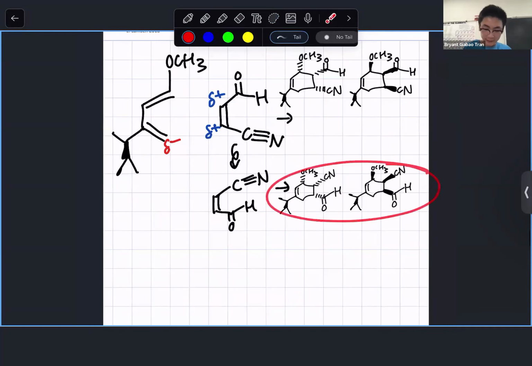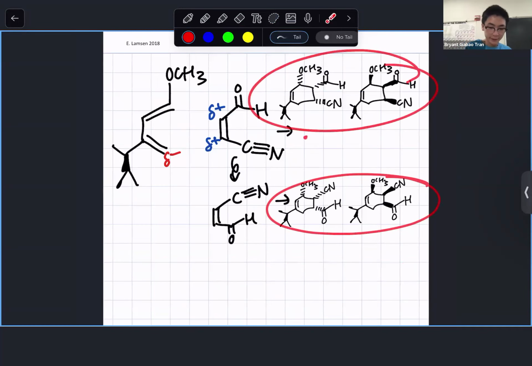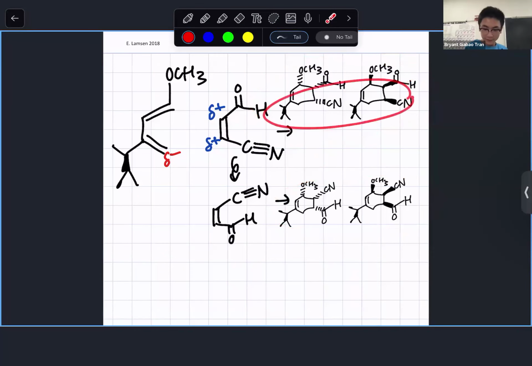So these are diastereomers, but this set here are constitutional isomers from each other. Constitutional isomers here, like here. Right. So this could get tricky if we had, let's say, something like this.